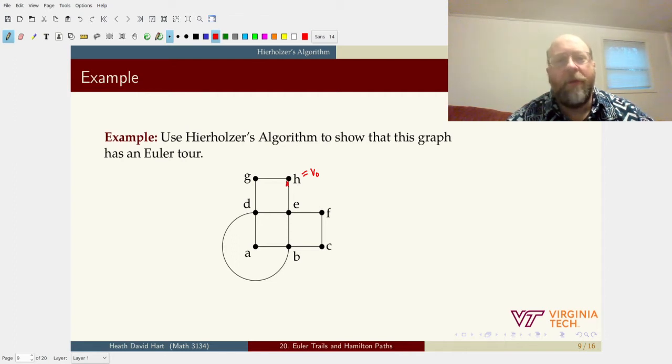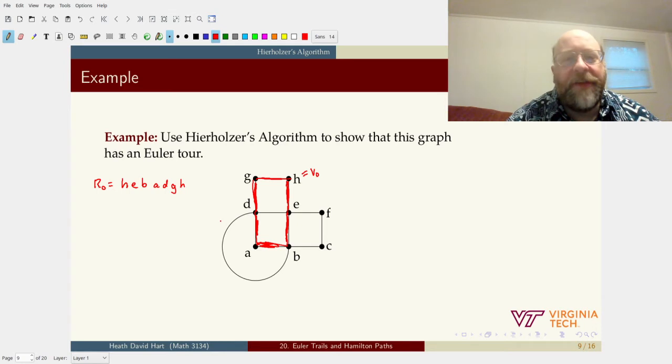So let's say we wander down to E, down to B, over to A, up to D, up to G, up to H. So my first circuit goes from H to E to B to A to D to G and then back to H.